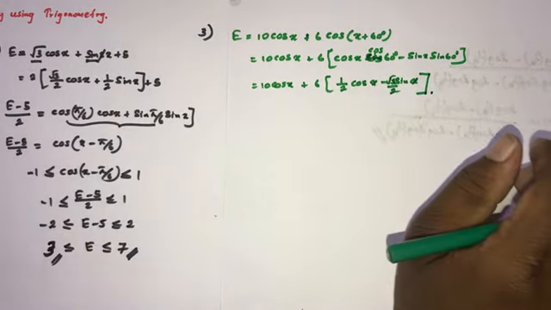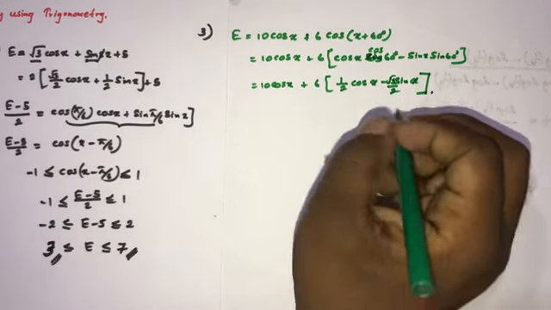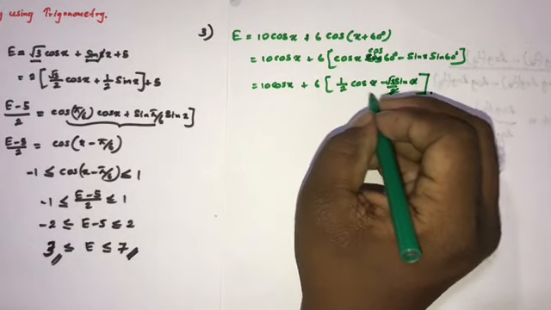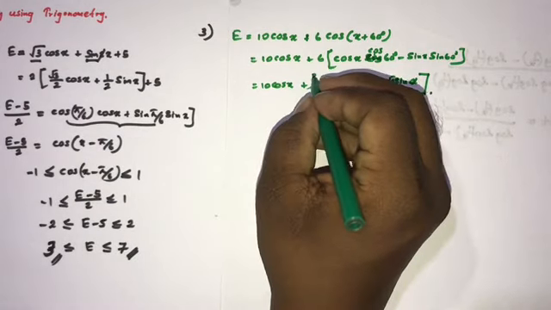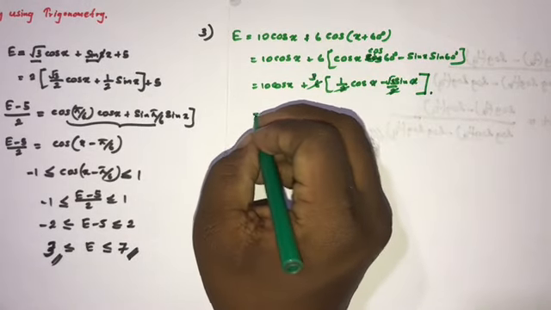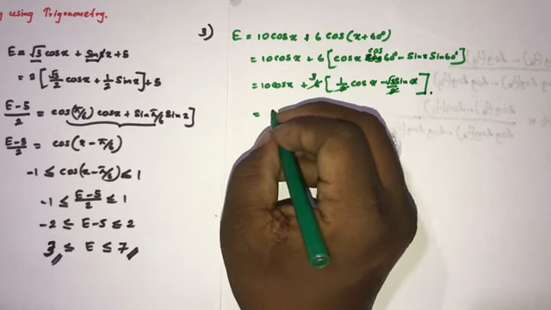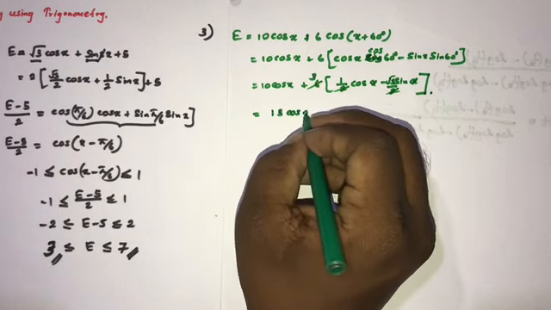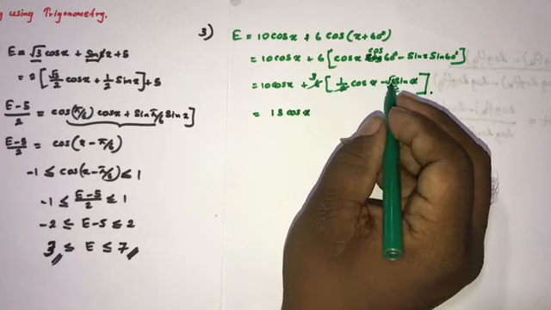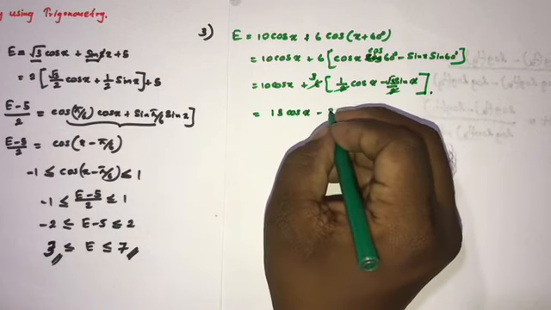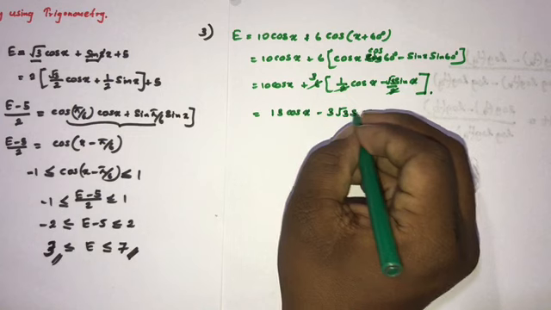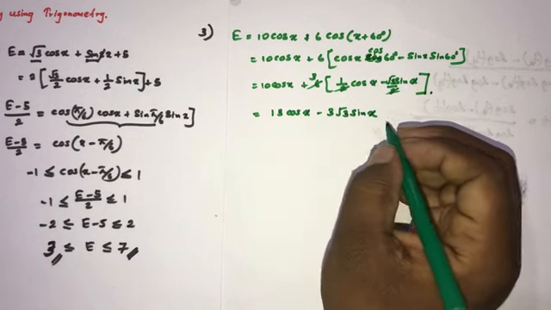Okay, then we can simplify. This 2 gets cancelled, this 2 gets cancelled, here 3. So now we can simplify. 10 times cosine of x plus 3 times cosine of x, 13 times cosine of x, minus 3 times square root of 3 times sine of x.